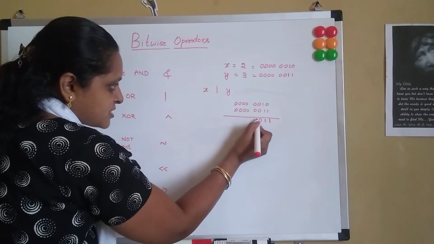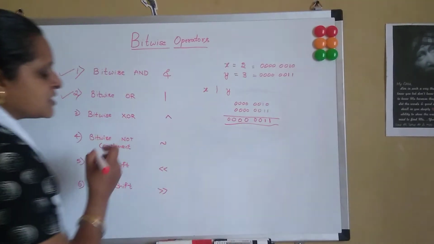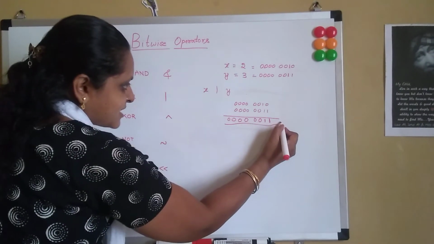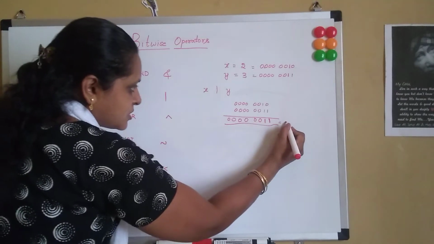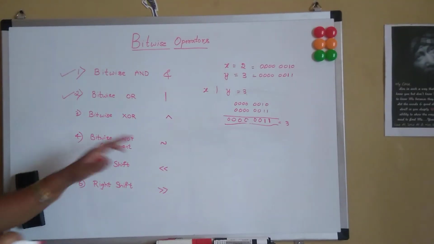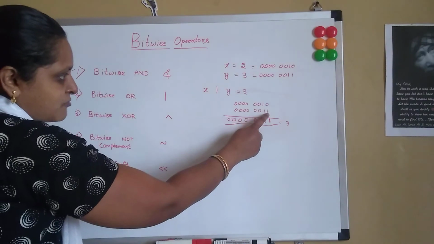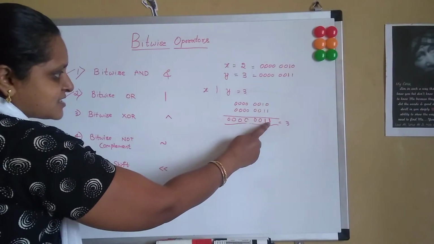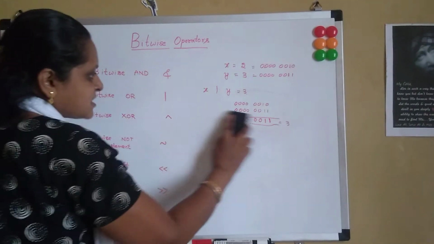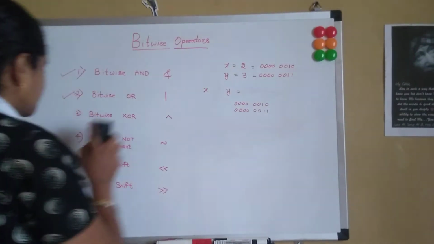Both are 0, so it is 0. When we perform the OR operation, the resultant in binary format is equal to 3. So x or y has the value 3. That is, when both are 1 or any one of the digits is 1, the resultant is 1. If both are 0, the resultant is 0. This is how the OR function works in bitwise operations.